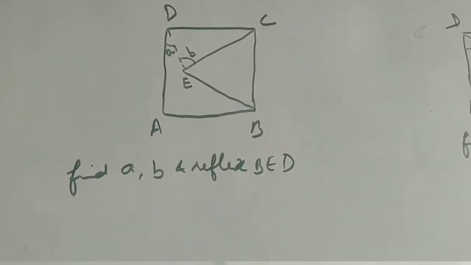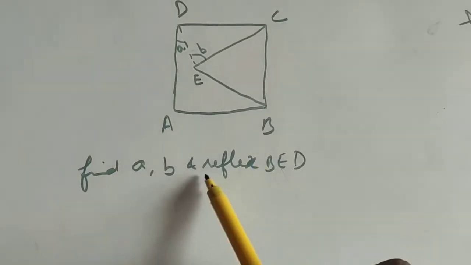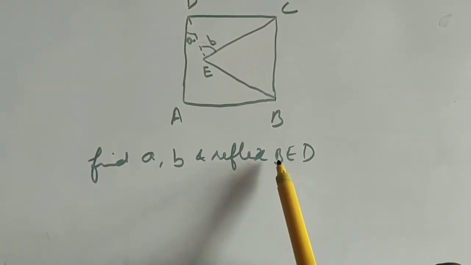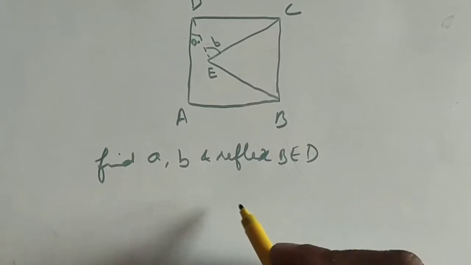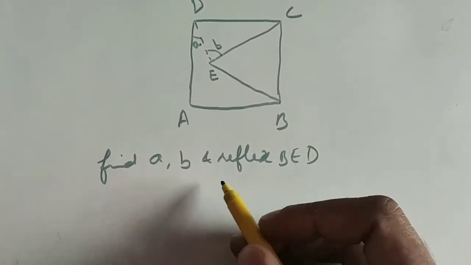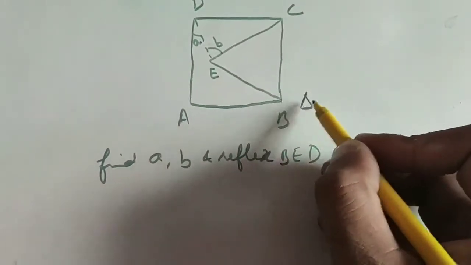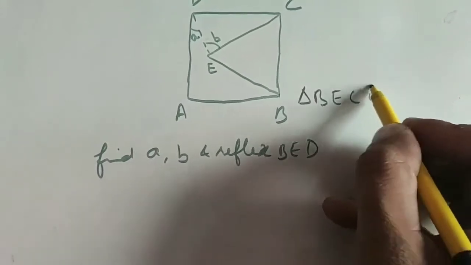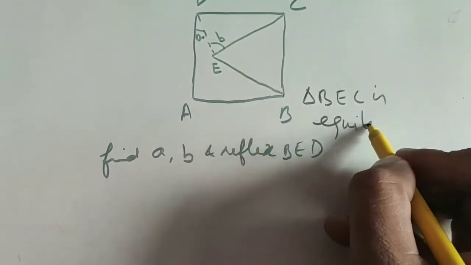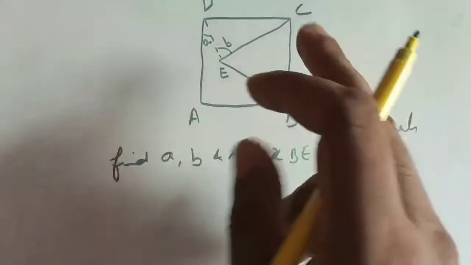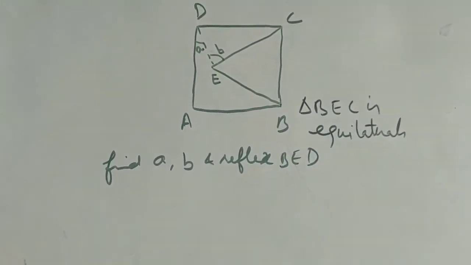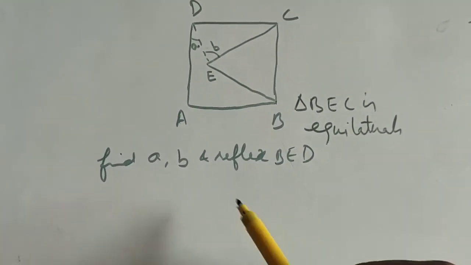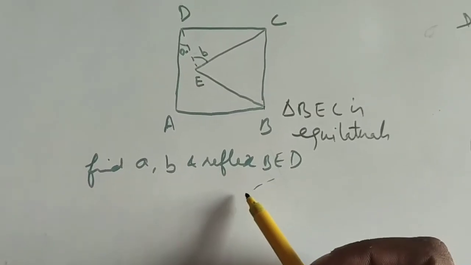Example, ABCD is a square, and we need to find out angle A, angle B and reflex of angle BED. ABCD is a square, and triangle BEC is equilateral.